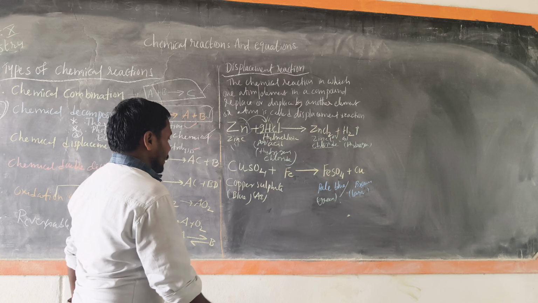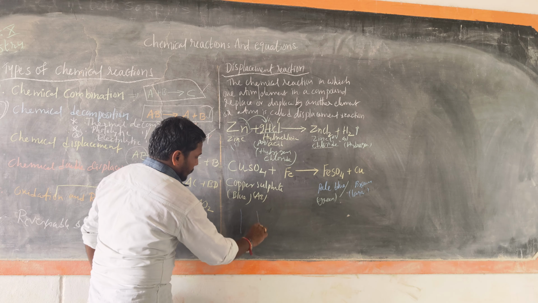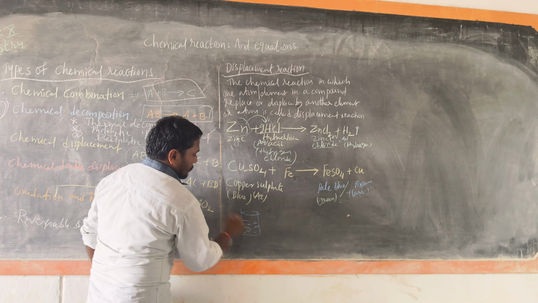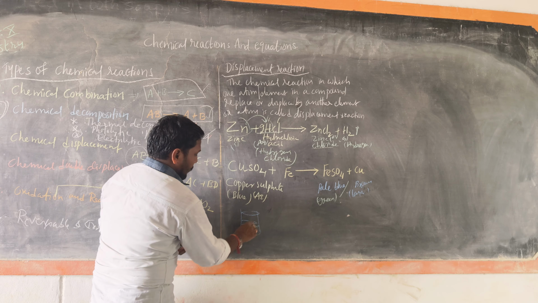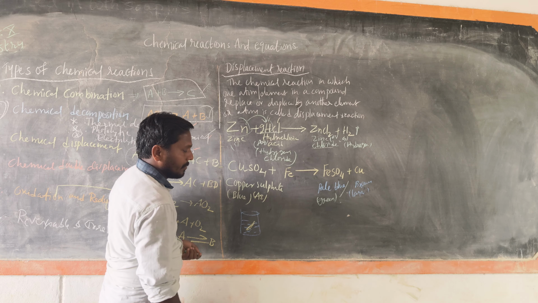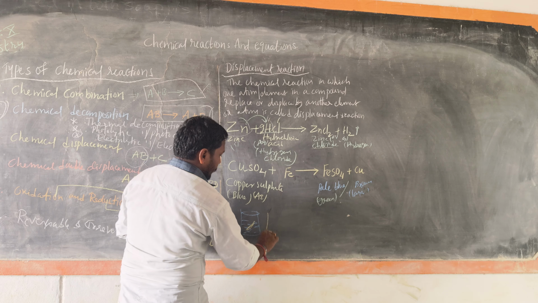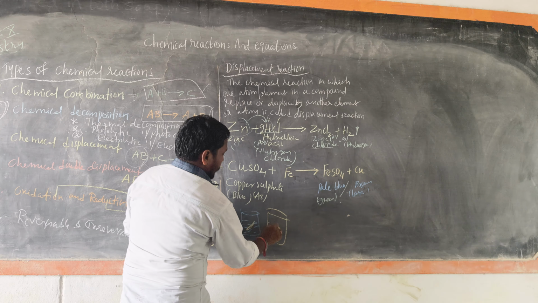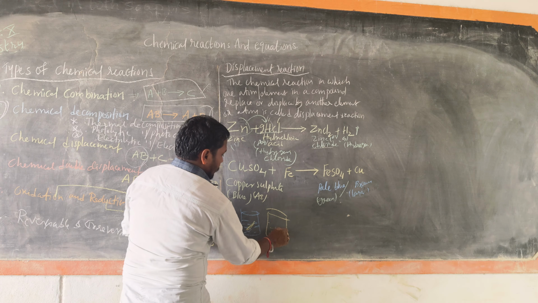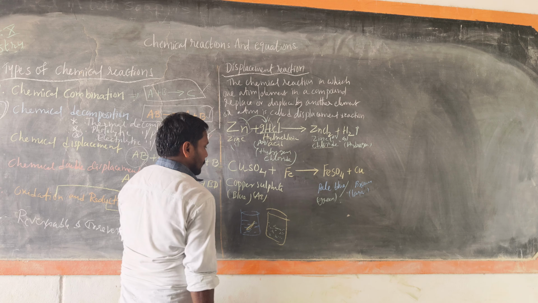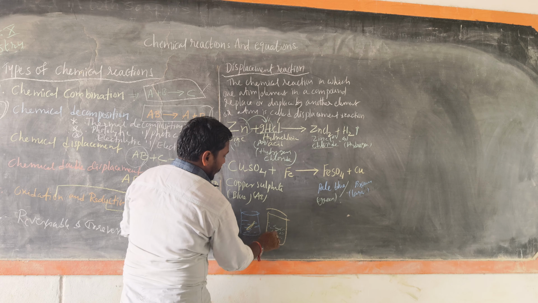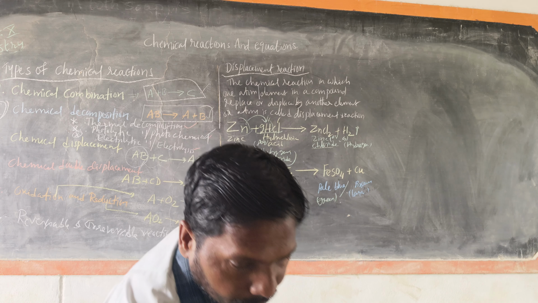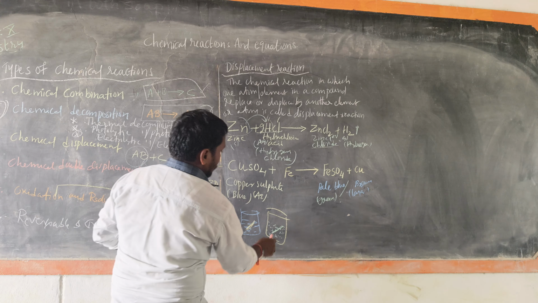So in a test tube or a beaker, take copper sulfate solution. Here we have to drop a small piece of iron. After some time, green iron sulfate is formed. A brownish layer is formed on the iron.